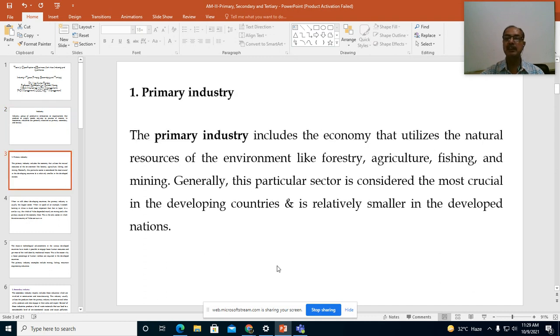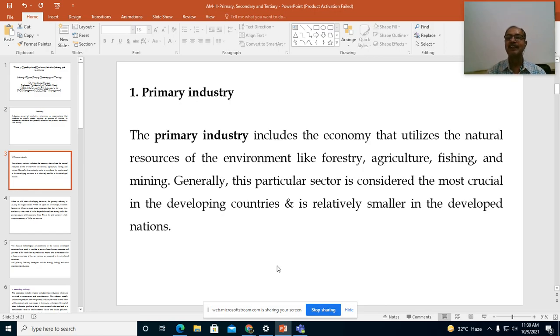Primary industry includes the economy that utilizes the natural resources of the environment, like forestry, agriculture, fishing, and mining. Generally, this sector is considered the most crucial in developing countries and is relatively smaller in the developed nations.